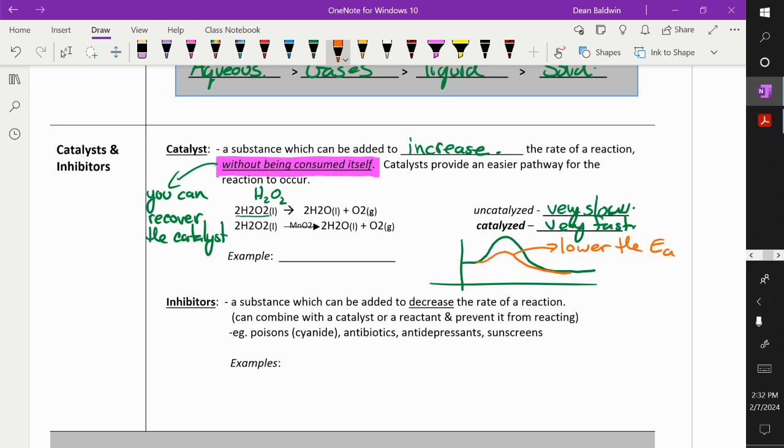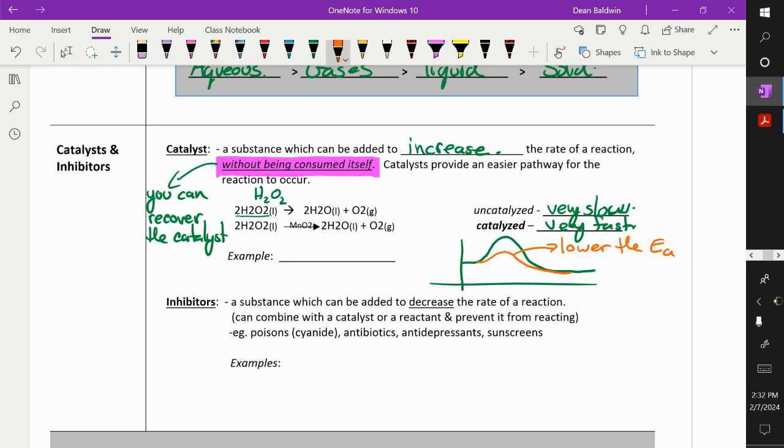That's what enzymes do. Anybody in biology here? So basically, enzymes are catalysts. All they do, have you studied enzymes in biology yet? They just grab the molecule and they orientate it perfectly so that it exposes the right part to be attacked.